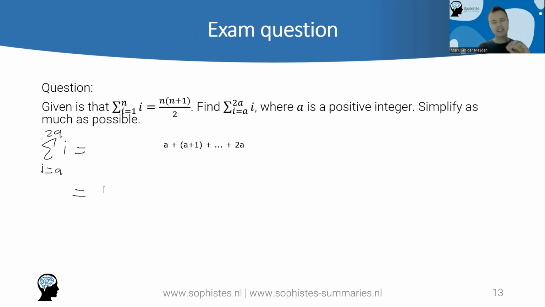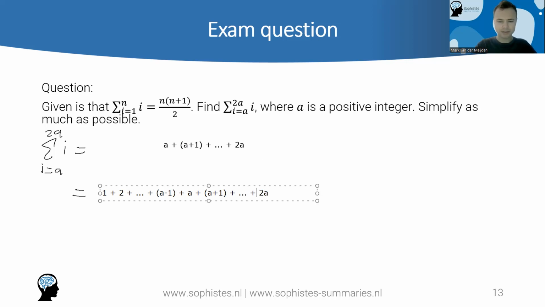And here's the trick. This is the difficult part. To see it yourself, you have to be a bit creative. You start at 1 plus 2, all the way up to a minus 1, plus a, plus a plus 1, all the way up to plus 2a.